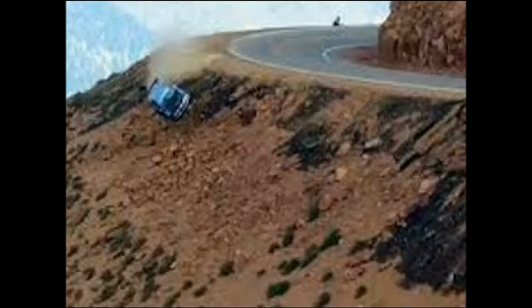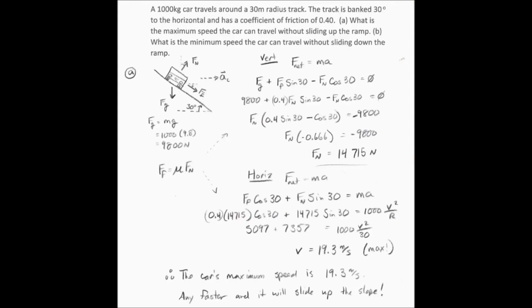That is the maximum amount that the friction can apply. So we end up with a maximum speed of 19.3, where as soon as we try to go 20 meters per second, those tires are going to slide, and it's going to slide up the ramp and off the curb. Especially because kinetic friction is usually less than static. So as soon as you lose that static friction, it's going to slide quite a bit.